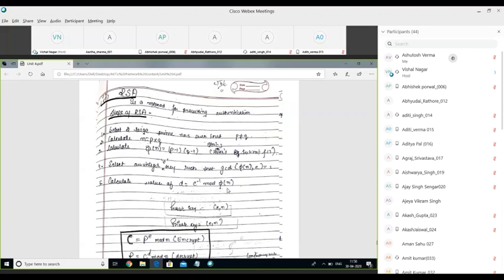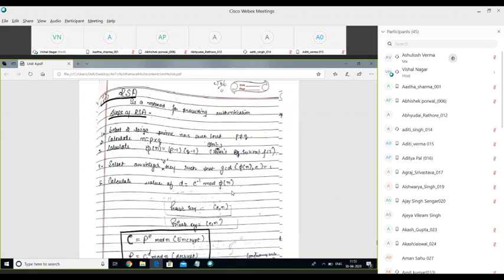D is defined as E inverse mod phi n, or we can also represent this as D equal to 1 upon E mod phi n, or we can say D into E equal to 1 mod phi n.